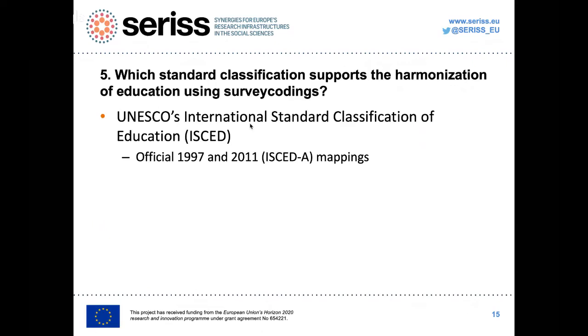So in our education database, we have both the codes corresponding to the official ISCED 1997 and ISCED 2011 mappings. We, however, also have alternative ISCED 2011 mappings, because the official mappings are quite undesirable.